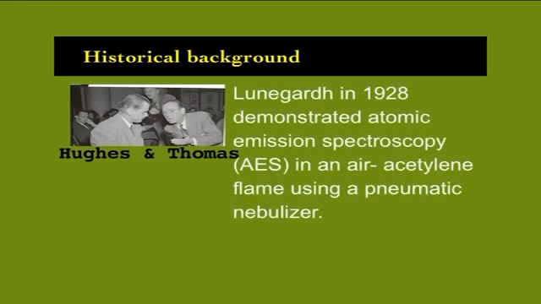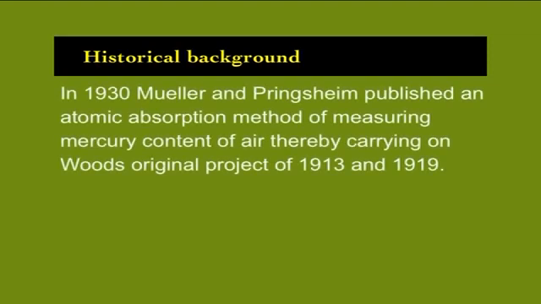Lundegardh in 1928 demonstrated atomic emission spectroscopy in an air acetylene flame using a pneumatic nebulizer. In 1930, Muller and Pringsheim published an atomic absorption method of measuring mercury content of air, thereby carrying on Wood's original project of 1913 and 1919.